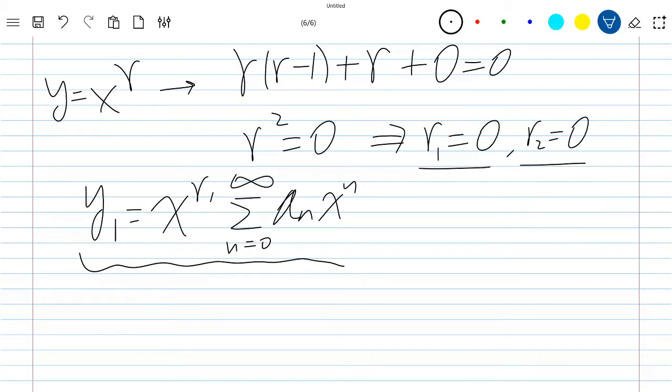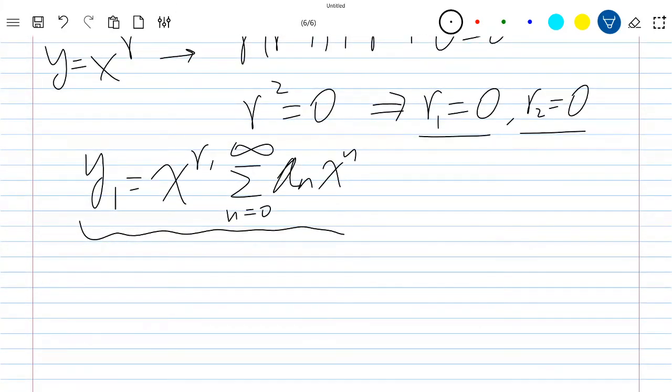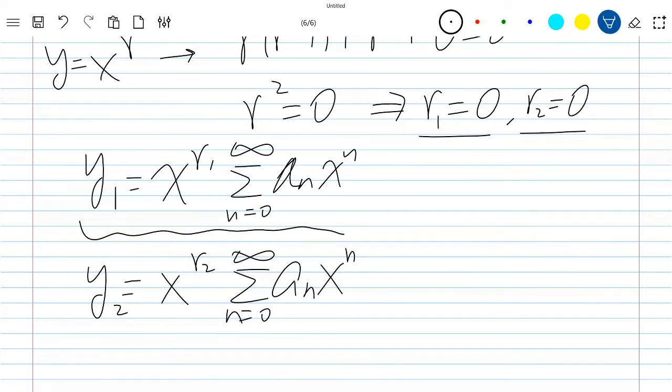And there's some technique to find y2. The y2, if you want, can be written in this form. In this case, it's still the same, but anyway, we write it in that form. We run that, but it's not going to work because r1 equals r2. Then you have to add a term, c times y1 times log x, to make it work.